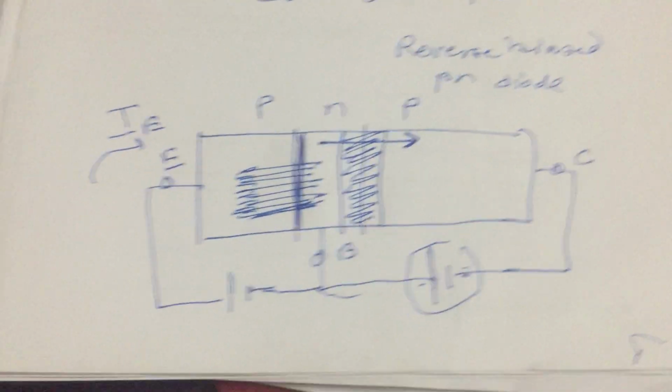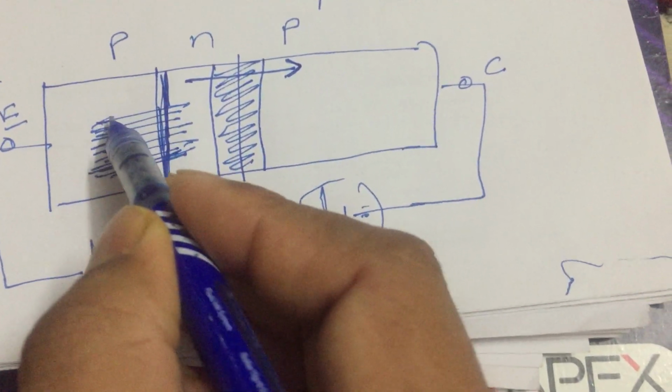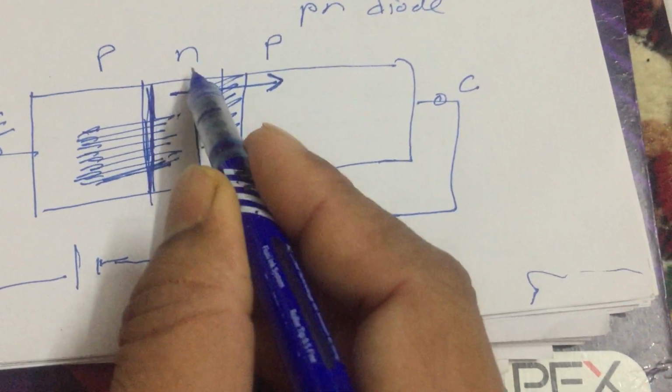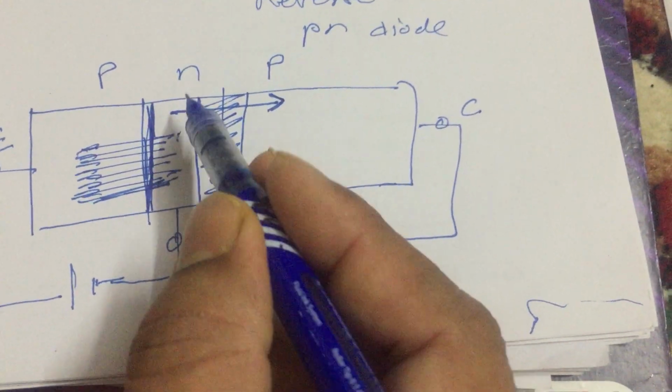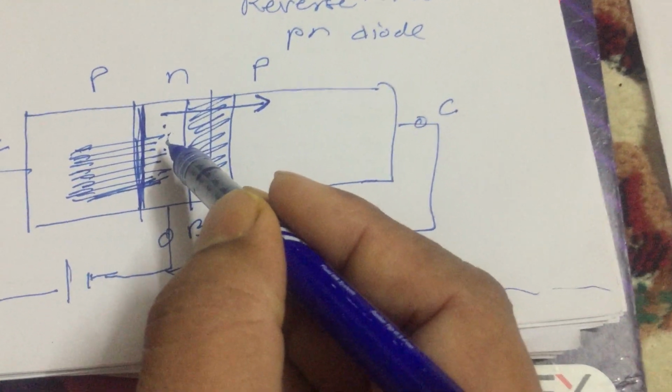But now this is the main thing here. The holes which are in the P type emitter majority cross the junction and they reach into the N type base. In the N type base, holes become minority. In N type, electrons are majority and holes are minority. Minority carriers can easily cross the junction.